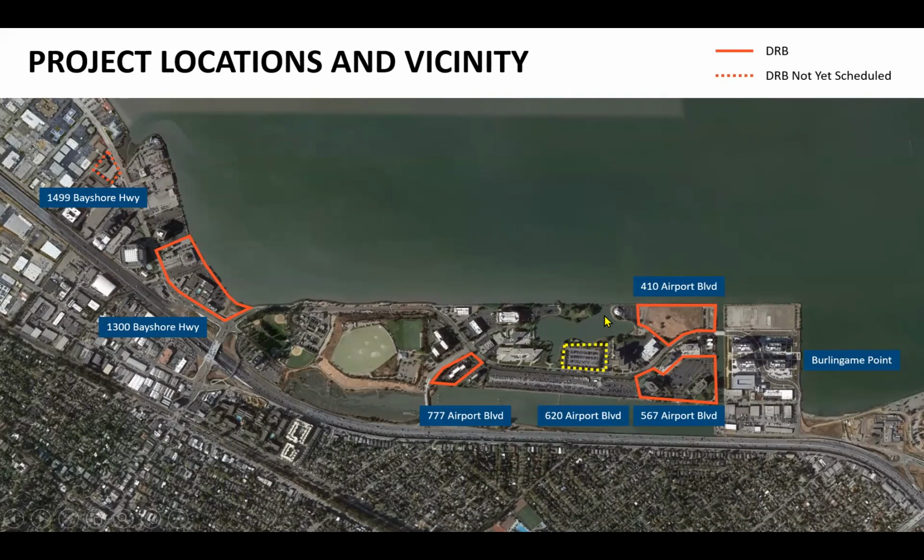As you can see, there are a number of projects in the vicinity in the Anza Lagoon area and around and beyond it. Much of these projects the DRB has reviewed. There's a lot of projects going on, whether it's 410 to the east or 567 to the southeast or 777 Airport Boulevard to the west of 620 Airport Boulevard.